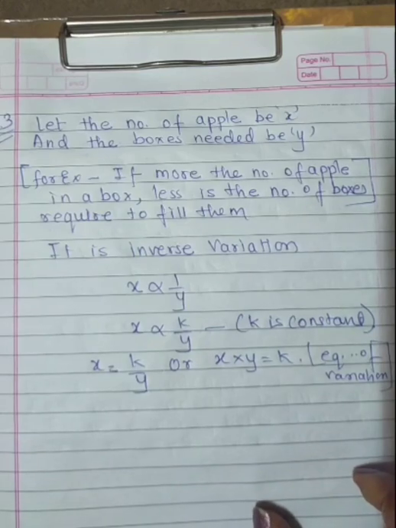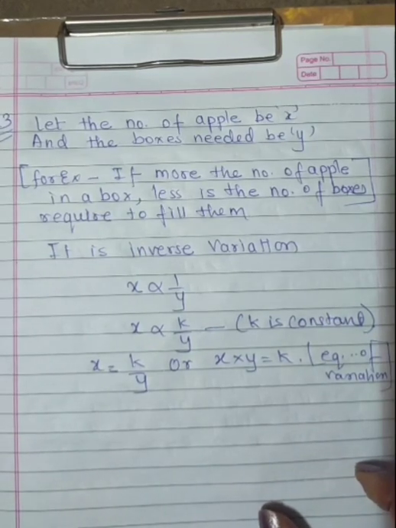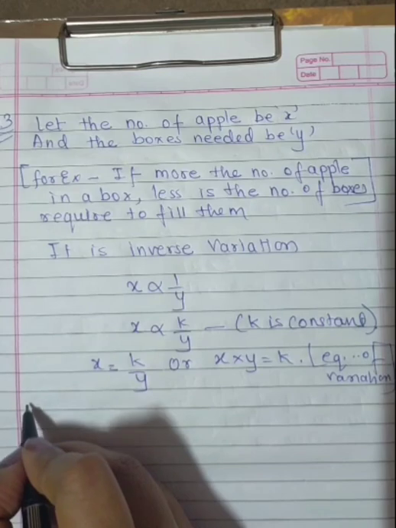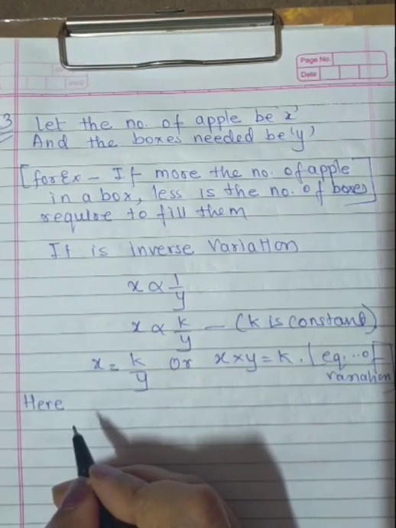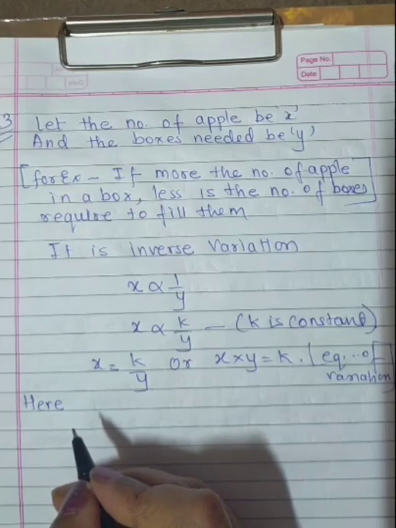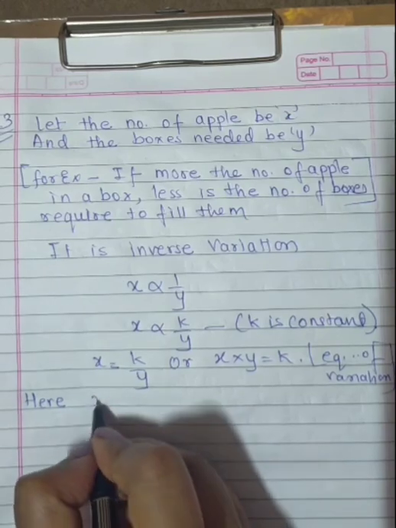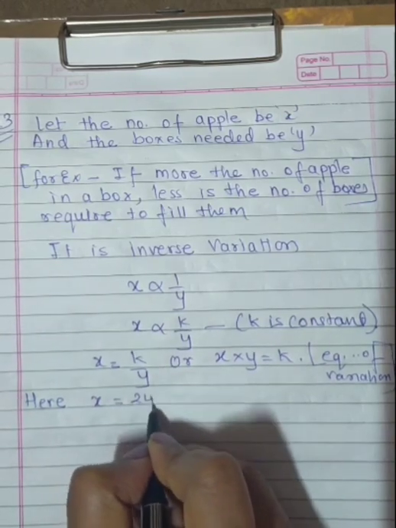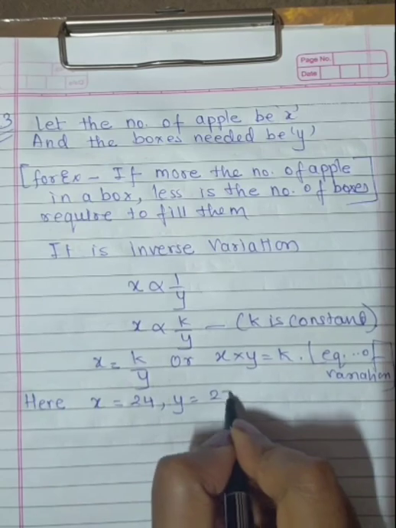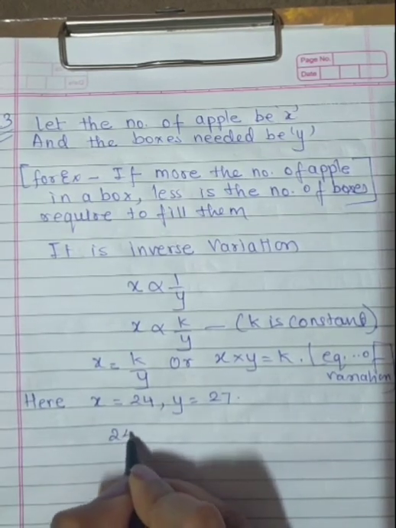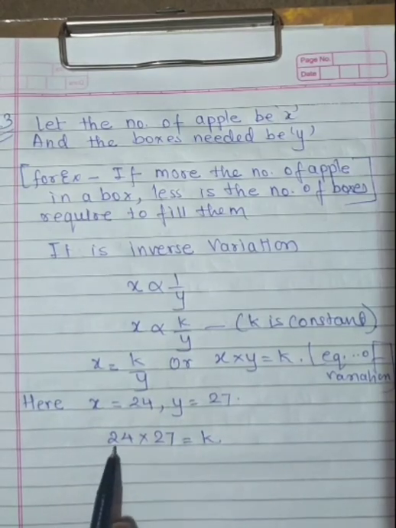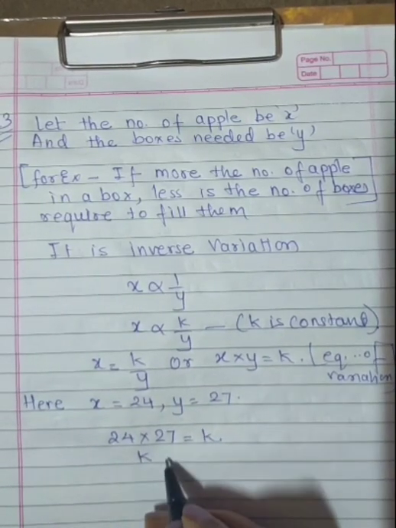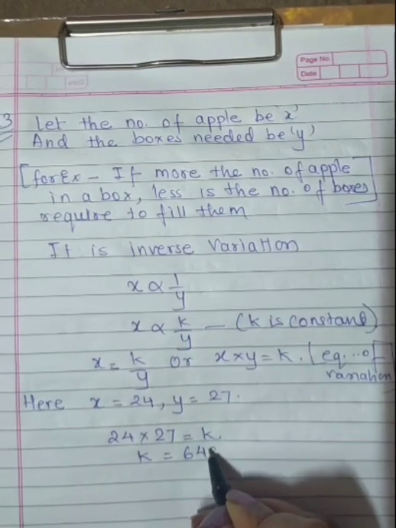Okay, now what is given? If 24 apples are put in a box, then 27 boxes are needed. So here x is given 24, and y is given 27. So 24 multiplied by 27 is equal to k. When you multiply both, we will get k equal to 648.